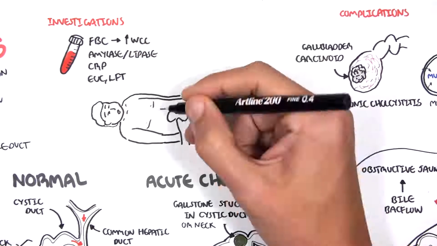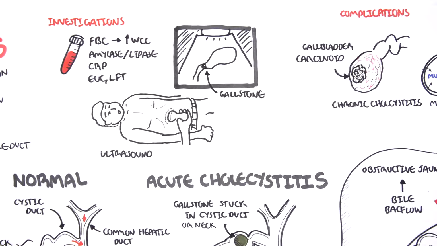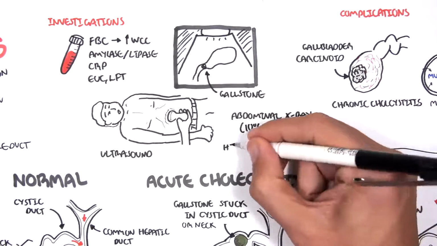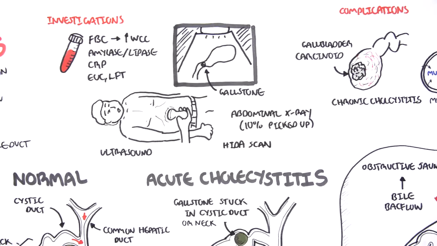Ultrasound is diagnostic and can detect gallstones and is used to elicit Murphy's sign too. Abdominal X-ray can only pick up 10% of gallstones. Another imaging technique is the HIDA scan, which is a contrast scan that lights up the biliary tree. If the biliary tree doesn't light up fully, there can be an obstruction.